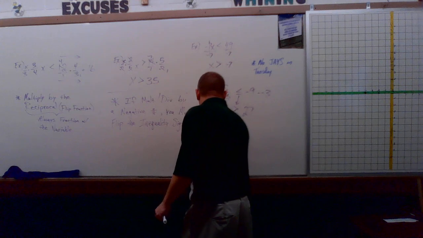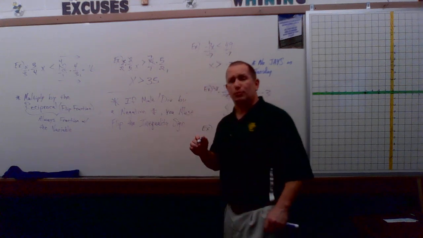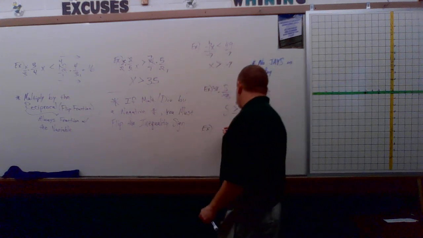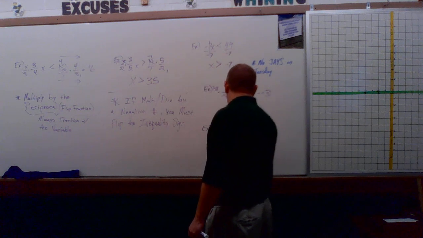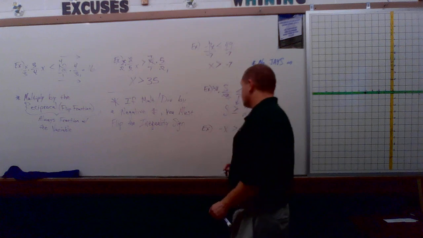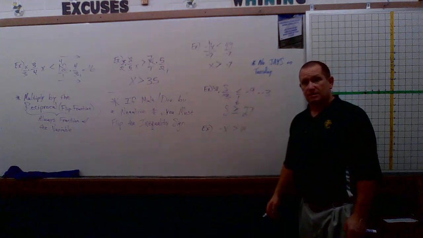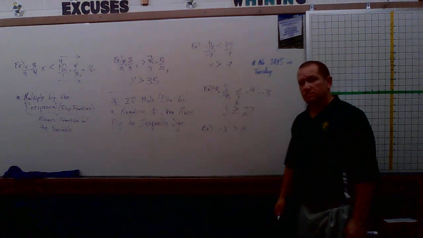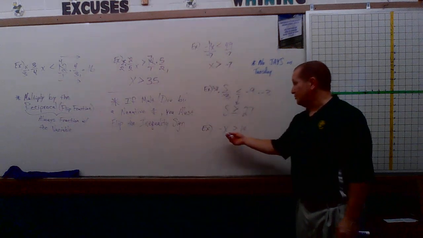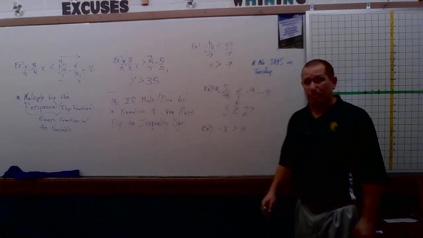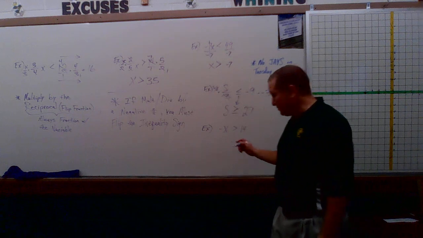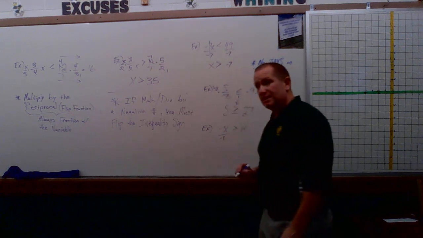Now, here's one real quick that for some reason really bothers people. If I have even just negative x is greater than 14. Is that okay to leave as an answer? No, because the variable is negative. So how do I make my variable positive? Divide by -1, exactly right.